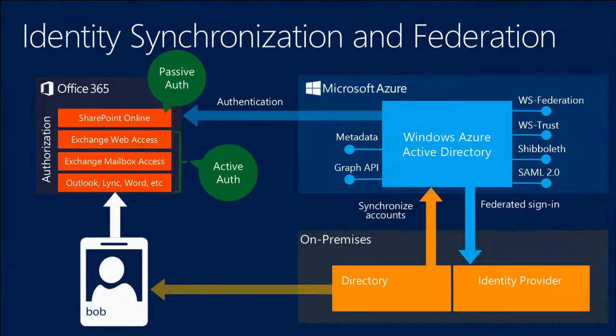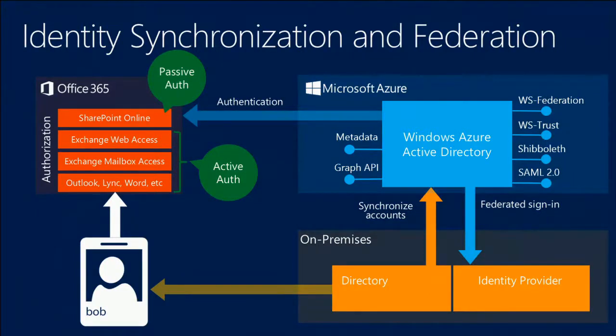Outlook Web Access just has to point to the identity provider, and the identity provider will show a login screen, validate the password, and send a token to Exchange Online. So Outlook Web Access actually doesn't do very much there. We call that passive auth, and it's typically done by web-based applications. So SharePoint Online will use passive auth, and Outlook Web Access will use passive auth. The Office 365 portal will also use passive auth.